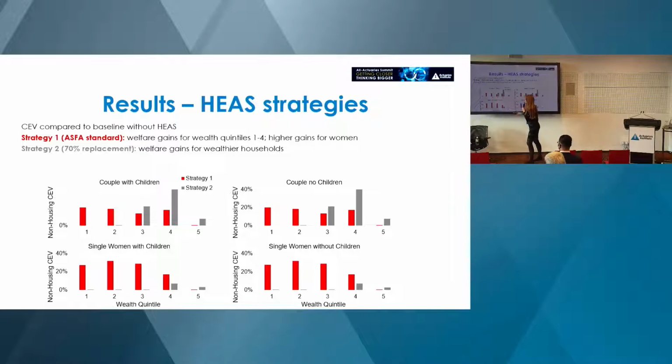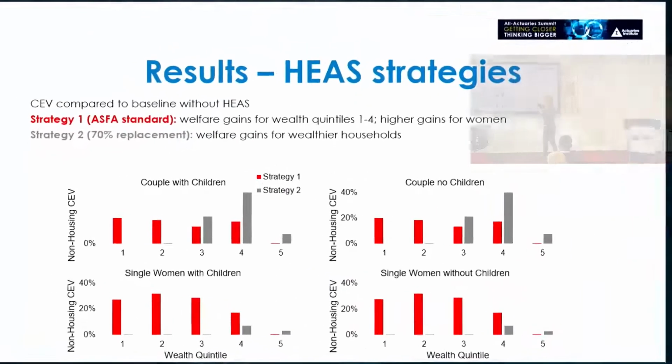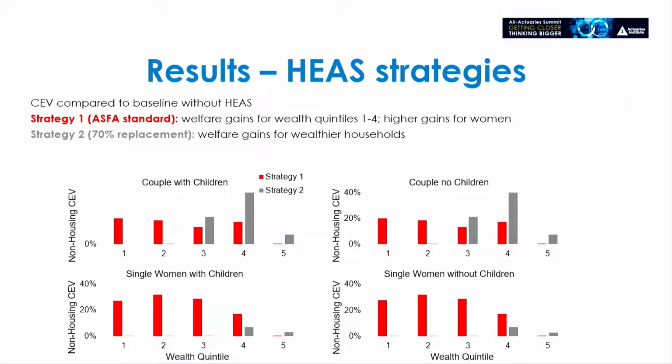So we see that using the home equity access scheme to achieve the comfortable standard of retirement gives welfare gains to many different types of households, couples and single women, both with children and without children, and in most of the income quintiles. Not so much for the higher income quintiles because they are quite well off already, and it doesn't make a huge difference to them.